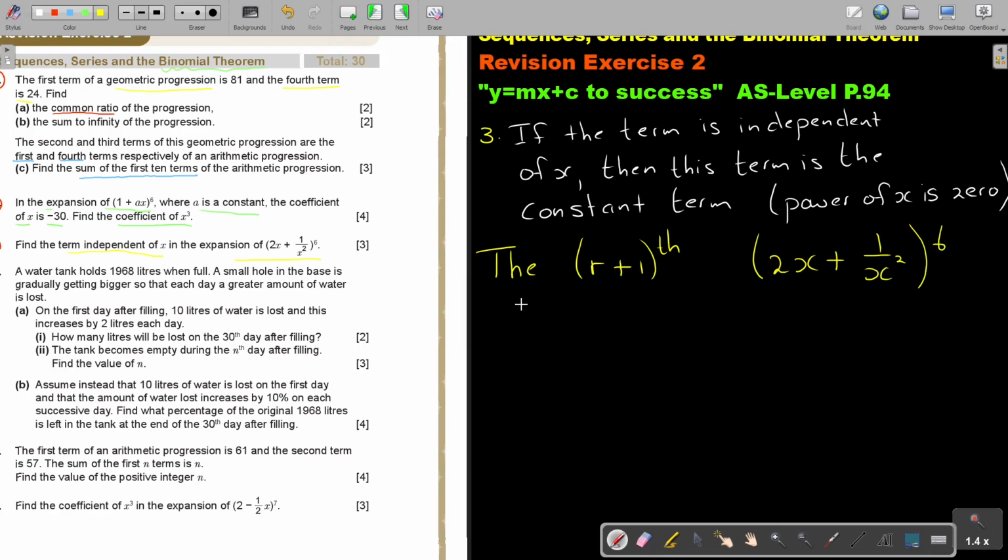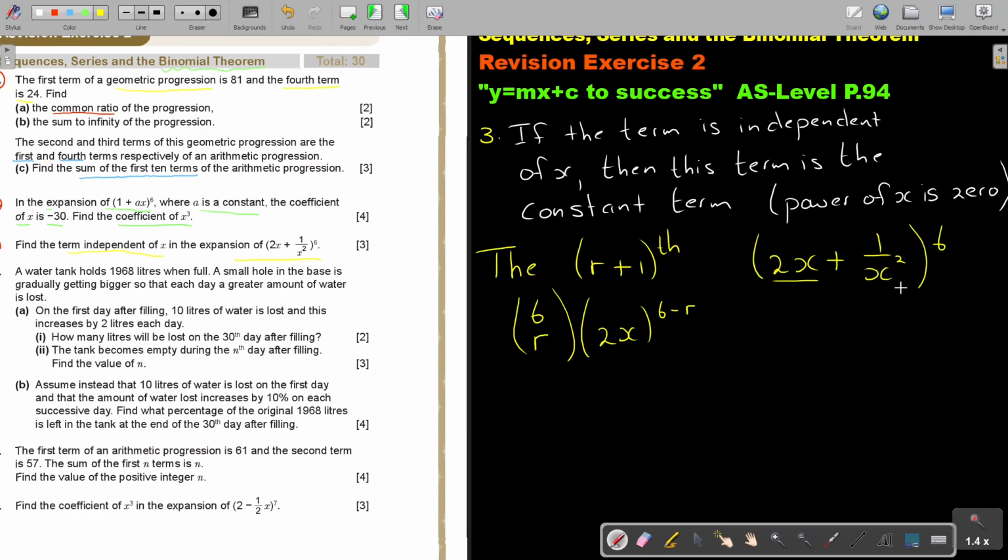Okay, so I know this is 6, but I don't know the term, so I just write a general formula. So I make it 6 choose r. Are you with me? Okay. Then I take the first one, and can you remember, it's this 2 to the power 6 minus r.